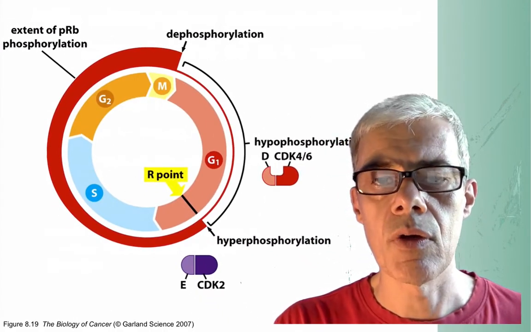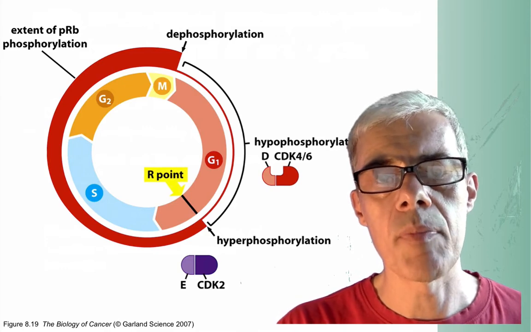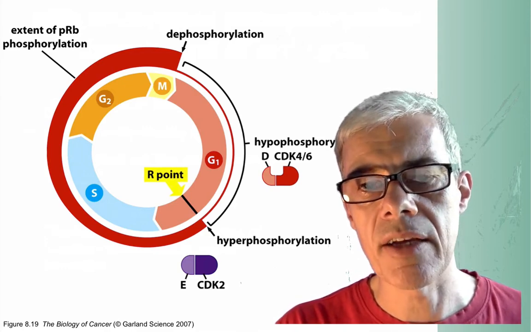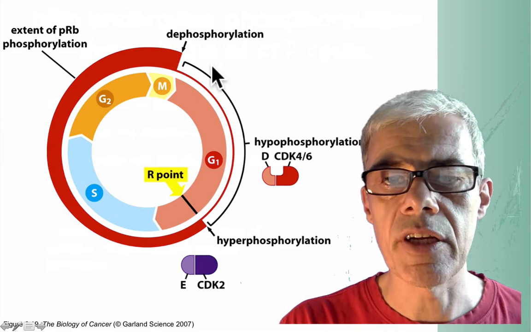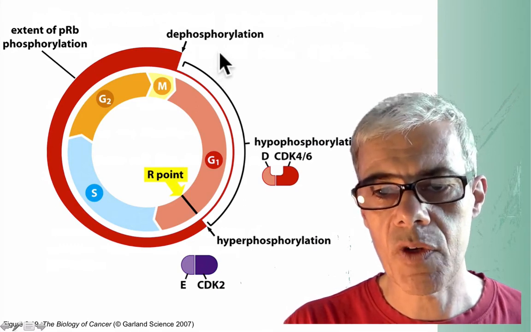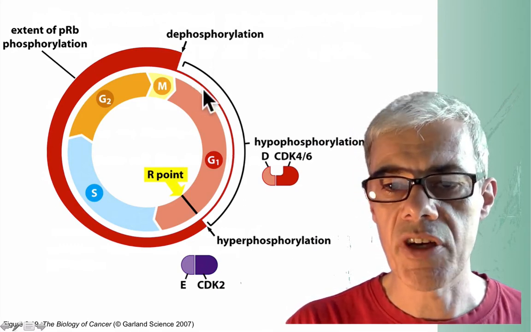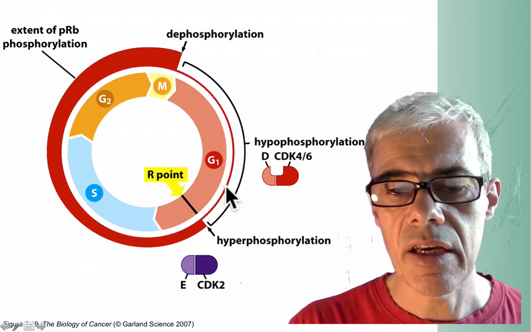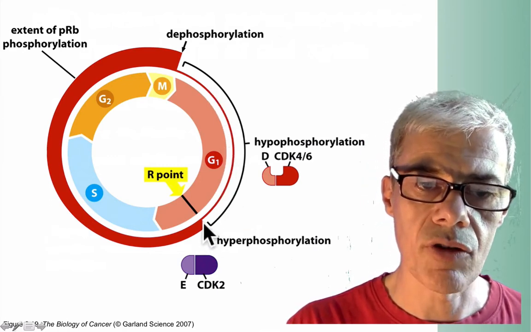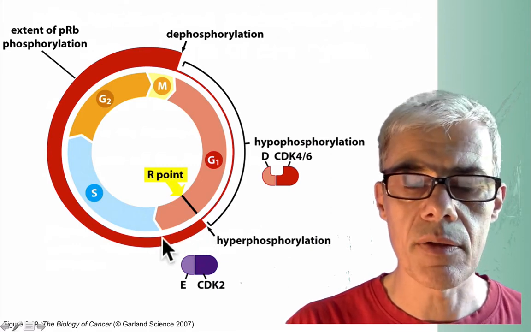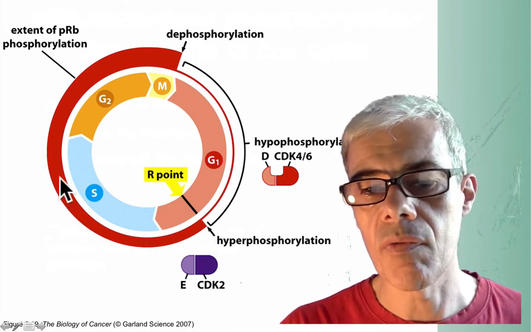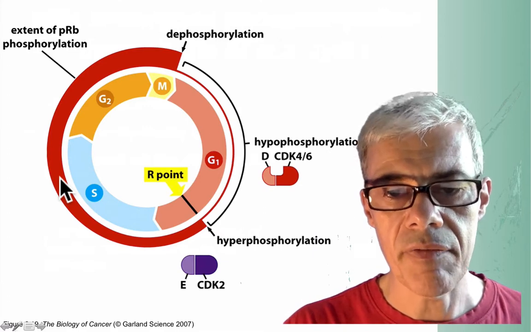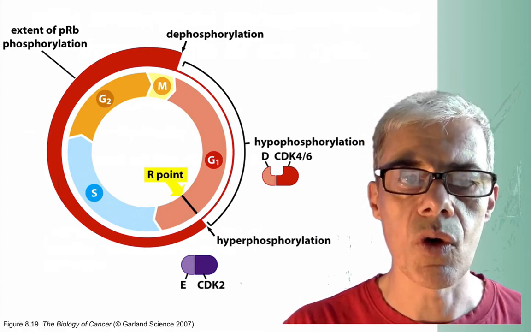Okay, so when retinoblastoma acts as a growth suppressor, so in G1, when it's not phosphorylated, it's suppressing growth. And then when it becomes hyperphosphorylated, it stops suppressing growth. And in cancer cells, in the absence of retinoblastoma, effectively you have no halt on growth.